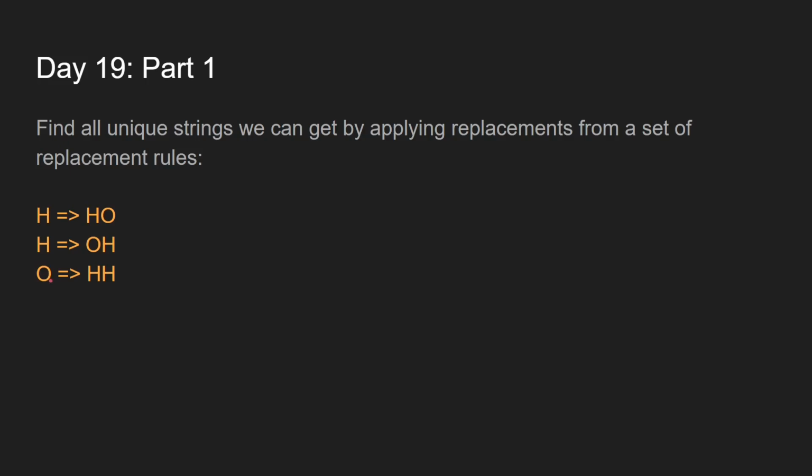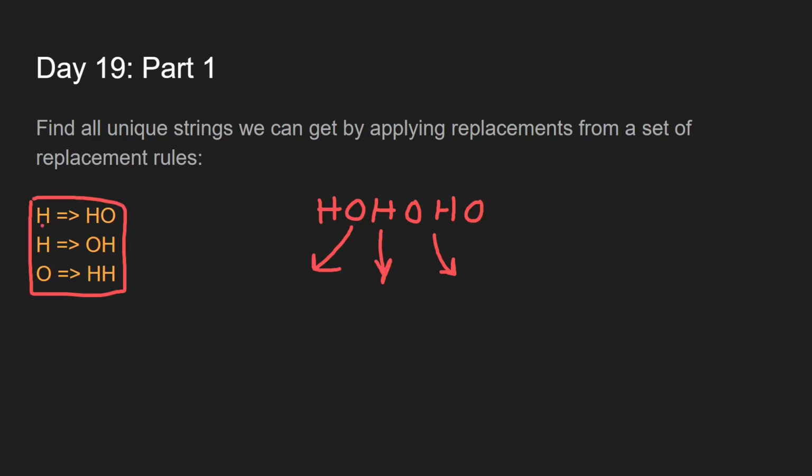So the problem is that we have a string of characters, for example, ho ho ho, and then we are tasked with finding how many unique strings we can get from this by using a list of text replacement rules. And the list looks like this. We can replace an H with an HO, or an H with an OH, or an O with HH.